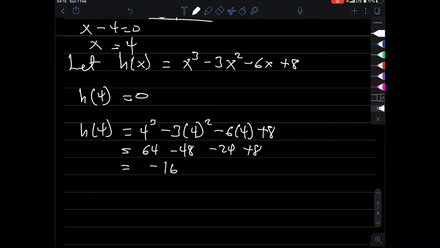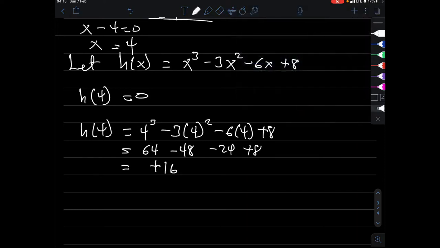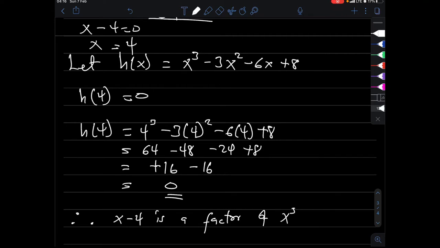Then we have negative 24 plus 8, which is negative 16. So that means our answer is 0. Therefore, x minus 4 is a factor of x cubed minus 3x squared minus 6x plus 8.